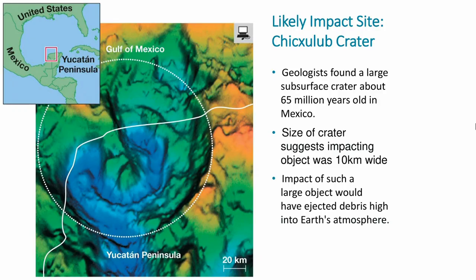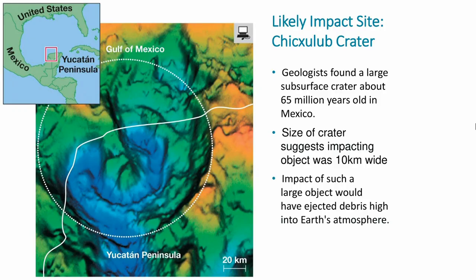And so they found evidence of a pretty large impact kind of in the Gulf of Mexico and on the Yucatan Peninsula. So if you look at the outer part of the crater, remember we said there was a scaling factor.